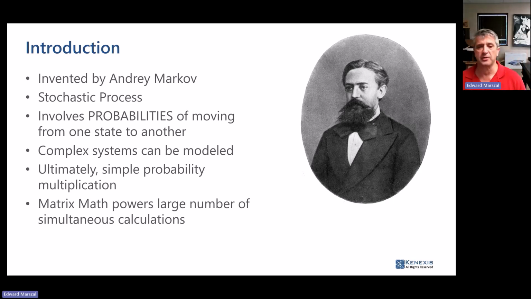So what we're going to do in a Markov model is look at probabilities. Now this is the first part that's going to be confusing, because a lot of you have seen Markov models where transitions from one state to another are showing failure rates. They're showing lambdas, or failure rates, for moving into a failed state, and they're showing mu, or repair rates, for moving from a failed state back to an operational state.